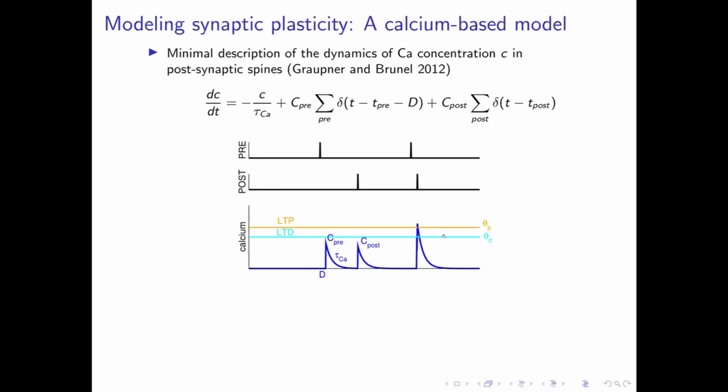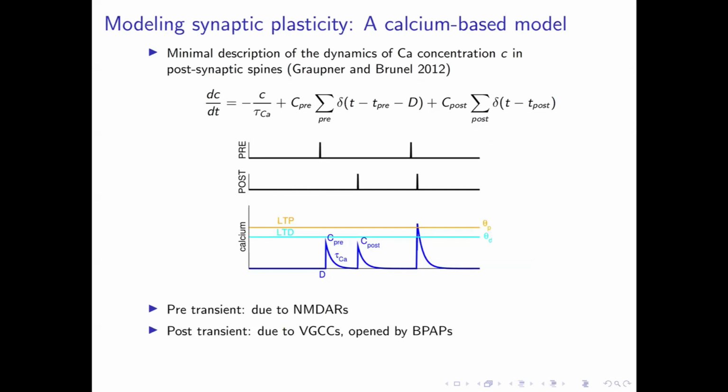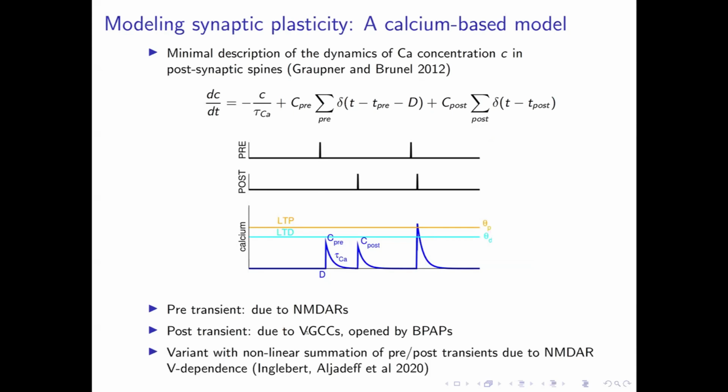And then what we do is we add some thresholds for plasticity, so a high threshold for potentiation and a lower threshold for depression. And the idea is that the presynaptic transients capture calcium entry due to opening of NMDA receptors, while postsynaptic transients will capture calcium transients due to voltage-gated calcium channels.